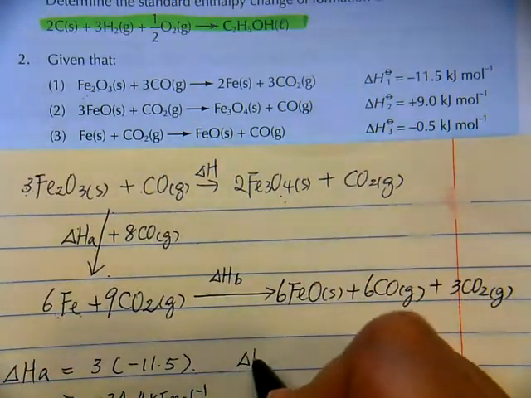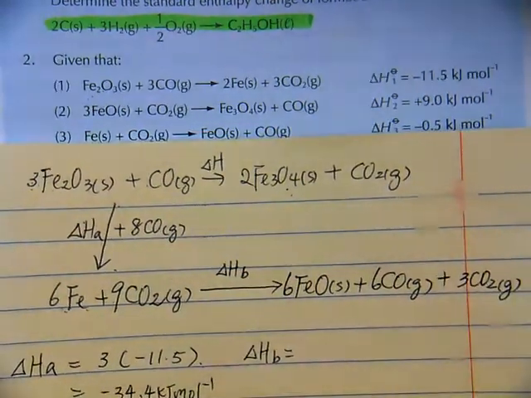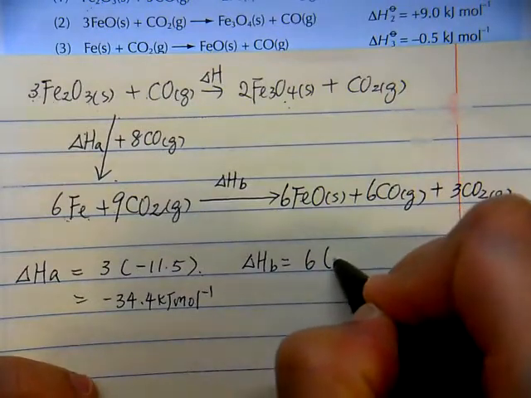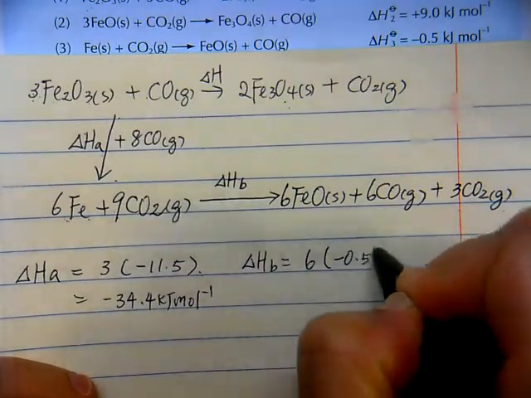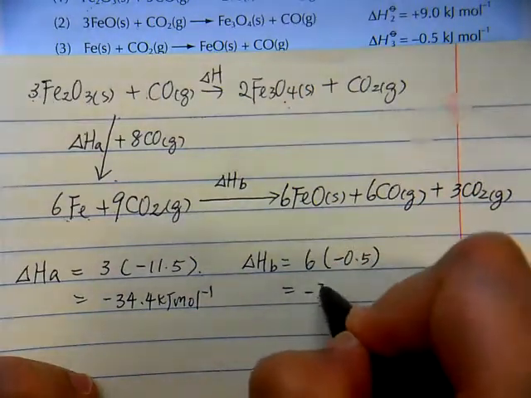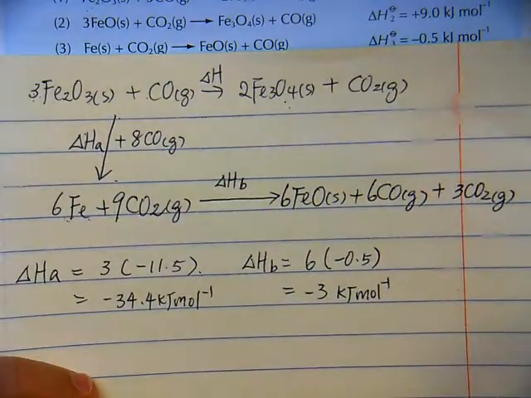So obviously delta HB is equal to 6 times negative 0.5, which is negative 3 kilojoule per mole. It is delta HB.